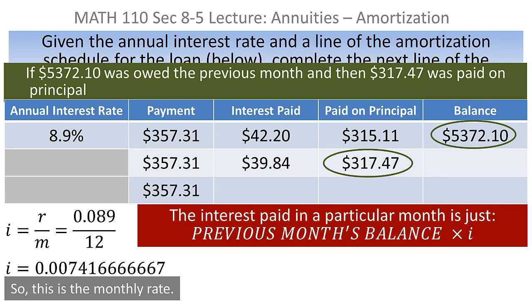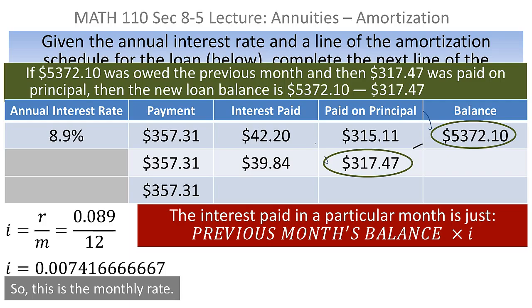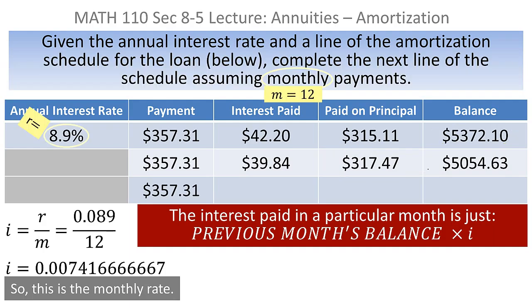So you take those two numbers and you subtract. So this number minus this number goes in over here for the missing value. $5,372.10 minus $317.47 comes out to be $5,054.63. So we've completed the next line of the table.